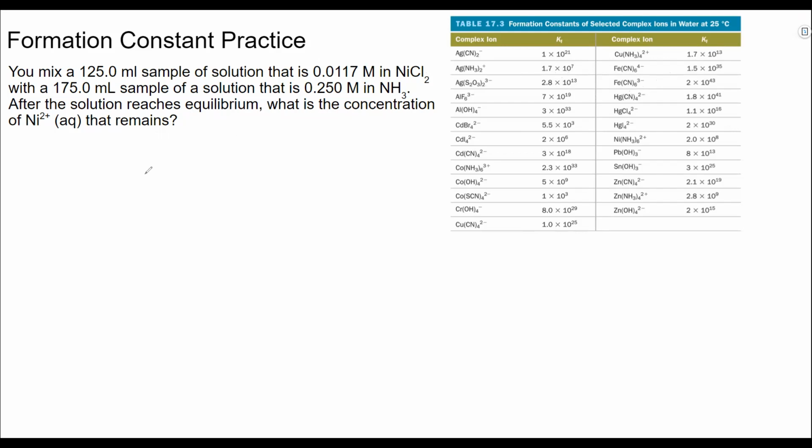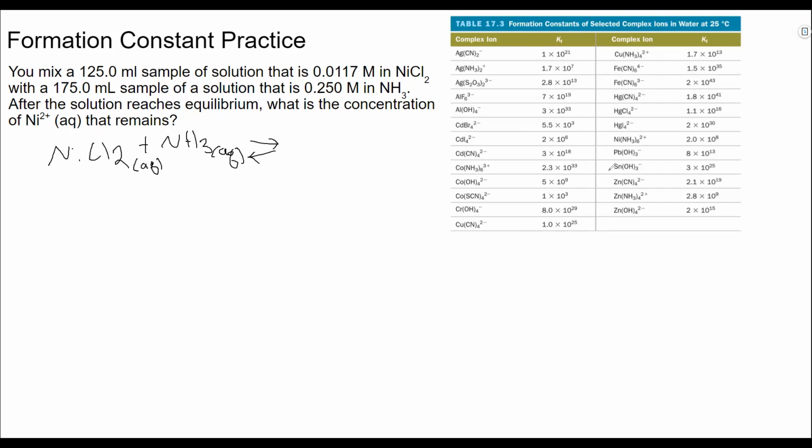So the first thing we should do, and this is true in any chemistry problem you're given, write the chemical reaction. So we have nickel chloride plus NH3, and you want to write your state symbols. It's just good practice. That is going to make, well, how do we know what it's going to make?